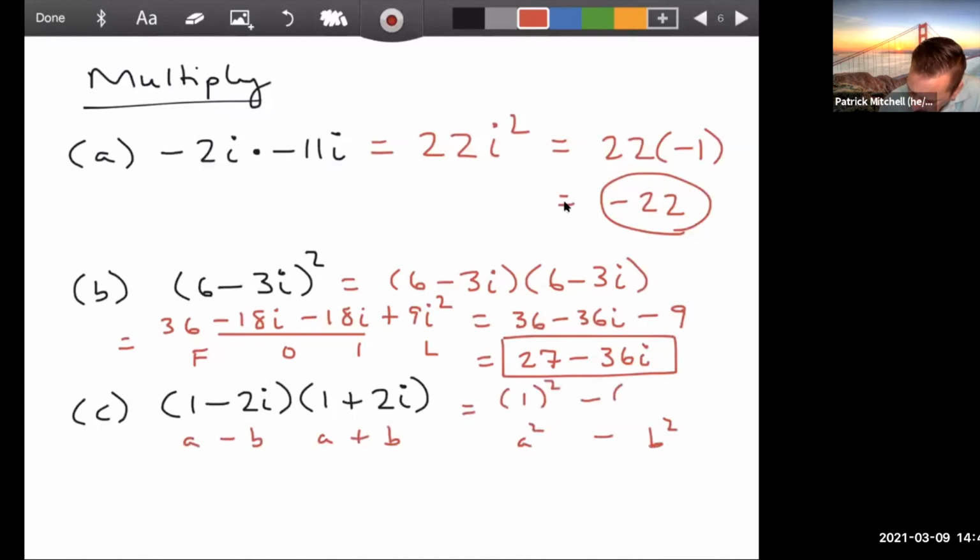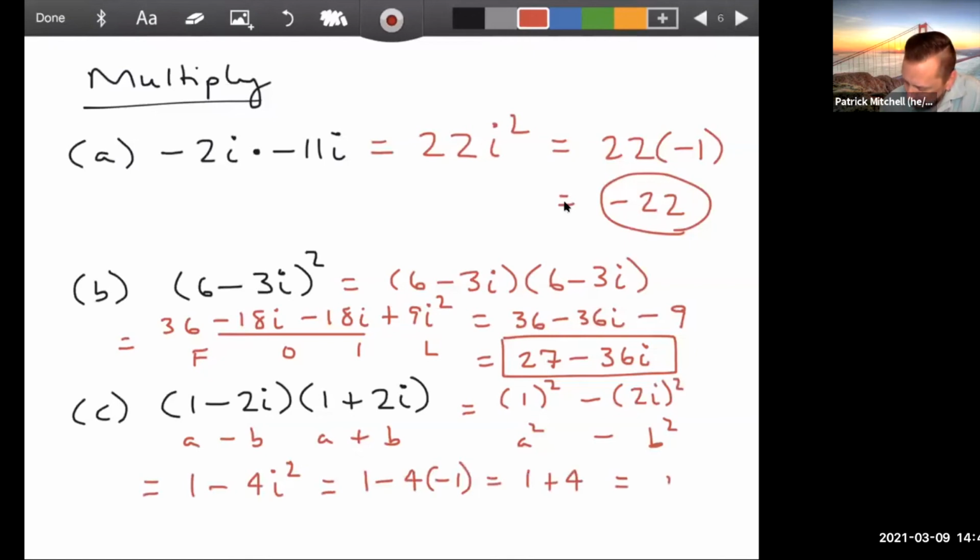Playing the role of b is 2i. So that gives you 1 minus 4i squared. And once again, i squared is negative 1, so that gives you 1 minus 4 times negative 1, which is 1 plus 4, which comes out to 5. So another one that gives you a real number answer.